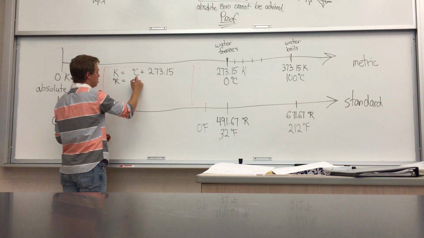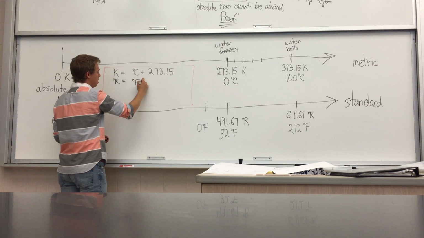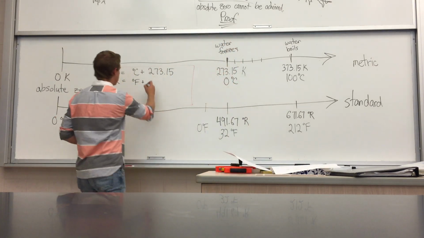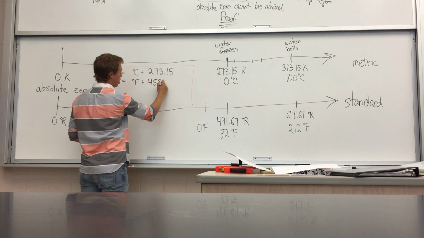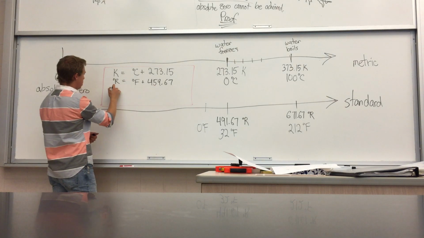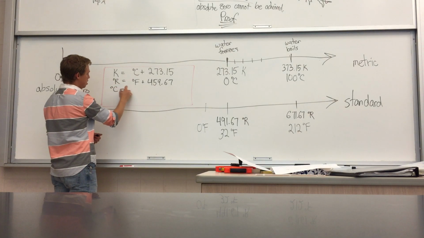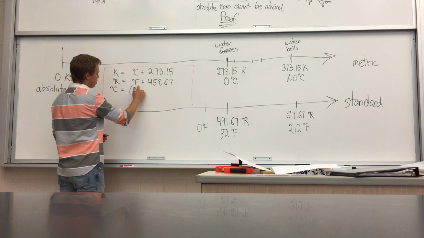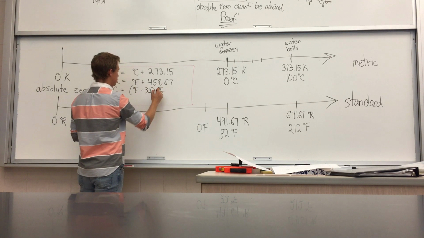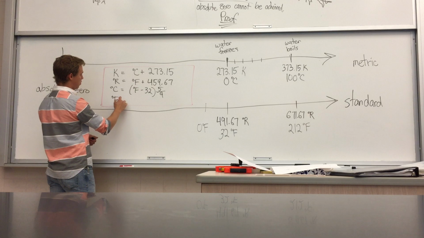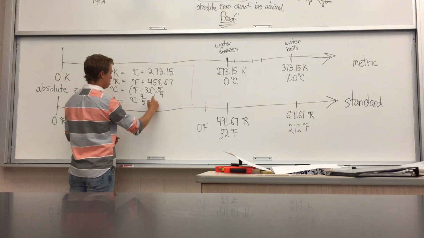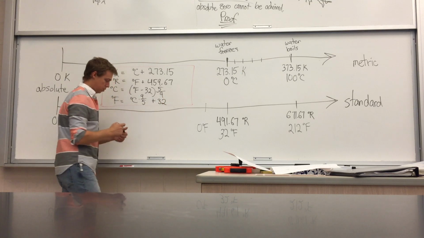Rankine is equal to degrees Fahrenheit plus 459.67. Now to convert between Celsius and Fahrenheit, we have degrees Celsius equals degrees Fahrenheit minus 32 times 5/9, multiply it, and then finally degrees Fahrenheit is degrees Celsius times 9/5 plus 32.